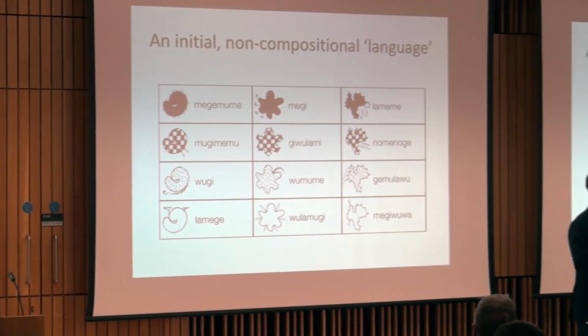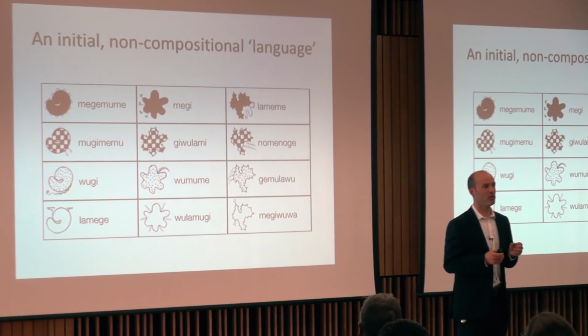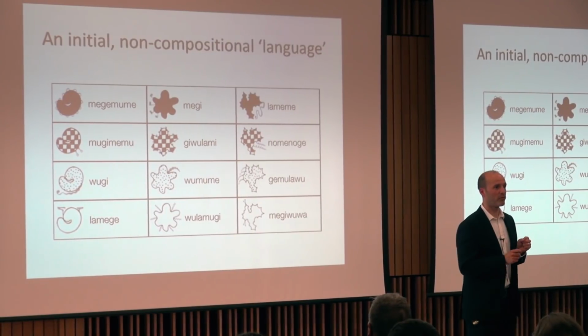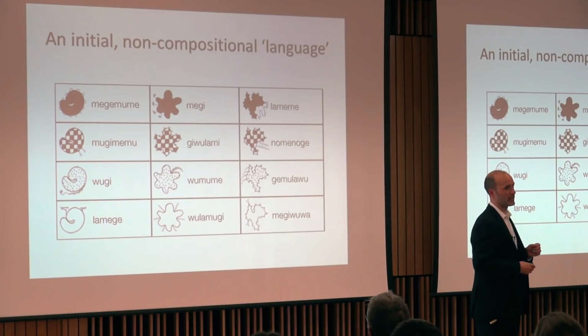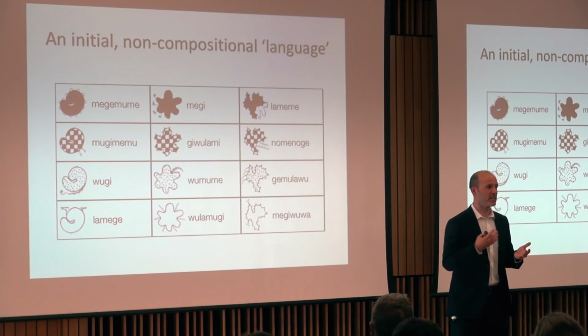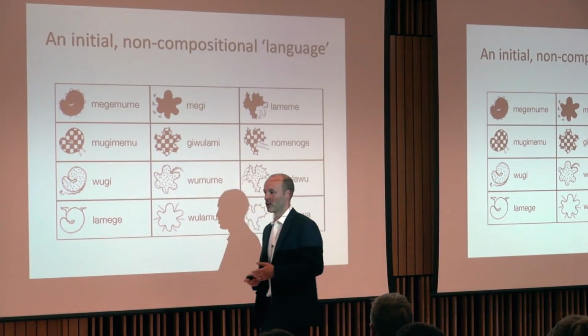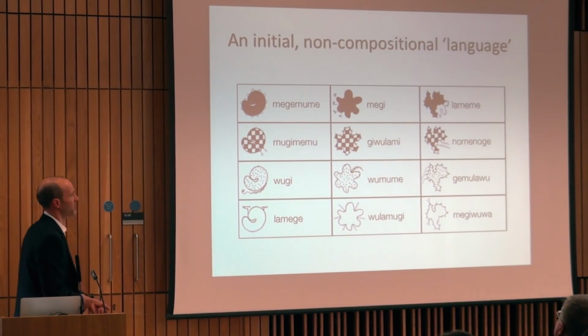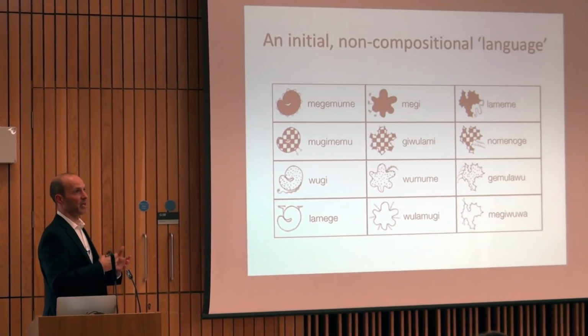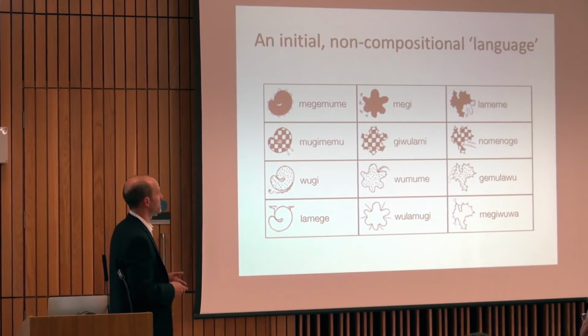For each object, we just generated a completely idiosyncratic label. There was no part-to-part relationship between the shape or the fill pattern and what its label looks like. Each label is simply an idiosyncratic fact that you have to memorize about each object. So this language is non-compositional. It lacks the regular structure that natural languages have.